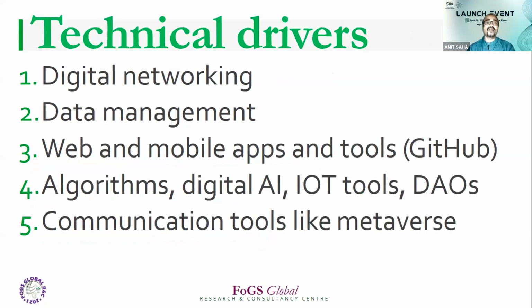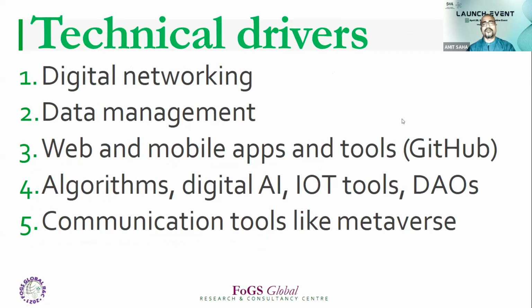The second is the technical driver. For me, it is very important that the digital technologies available right now can be used to deliver to their maximum potential. One is digital networking, and then data management. Then we have web and mobile apps and tools.